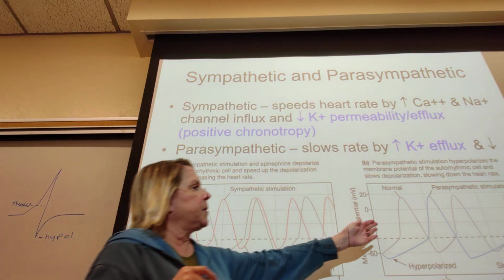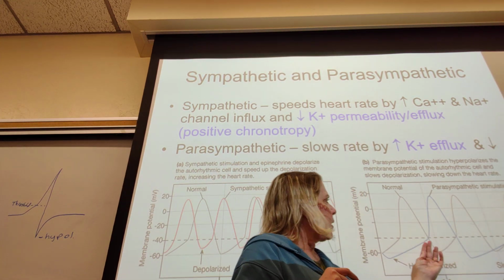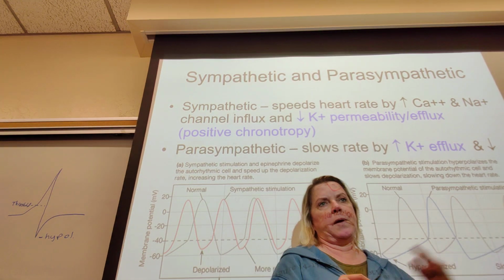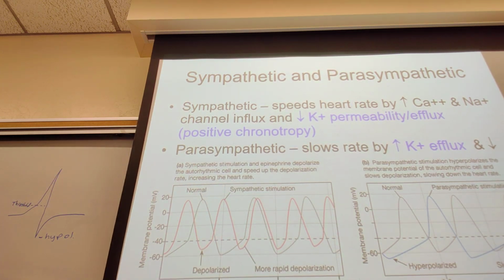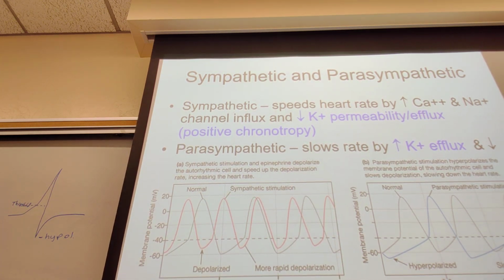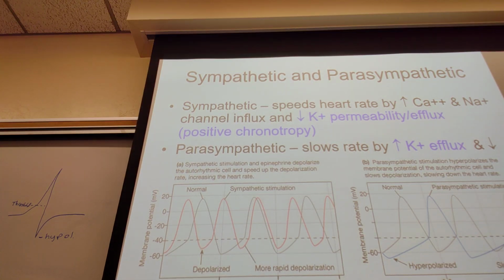We have 3 beats for the normal here, and we only see 2 when the parasympathetic is more in control. Both divisions change the permeability. You want a faster heart rate: more sodium leakage, less potassium leakage. You want a slower heart rate: more potassium leakage, less sodium leakage. It's reversed.